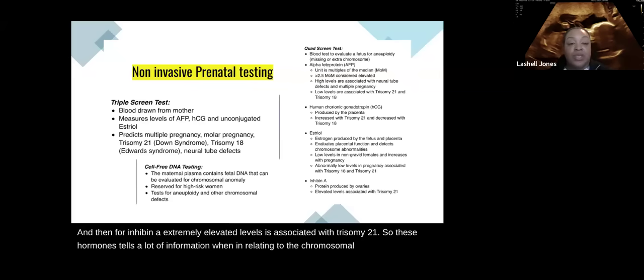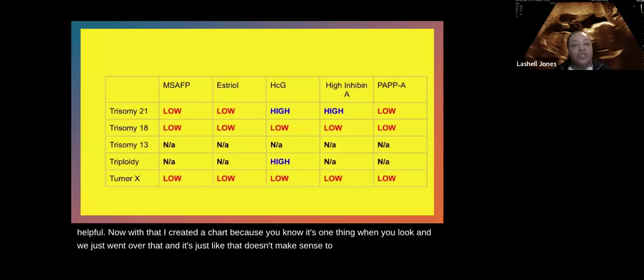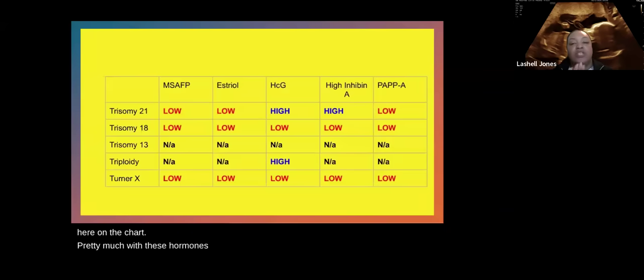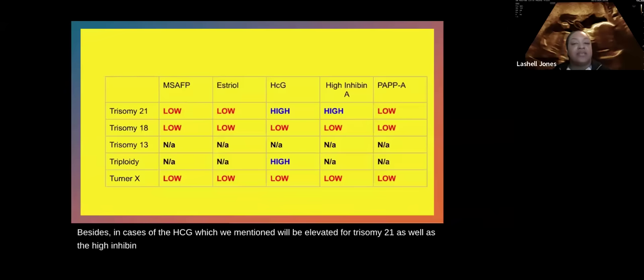Very helpful. Now with that, I created a chart, because it's one thing when we just went over that and it's like, that doesn't make sense to me. But when you see the chart, pretty much with these hormones, everything is low besides the HCG, which we mentioned will be elevated for trisomy 21, as well as inhibin A, which is also elevated.